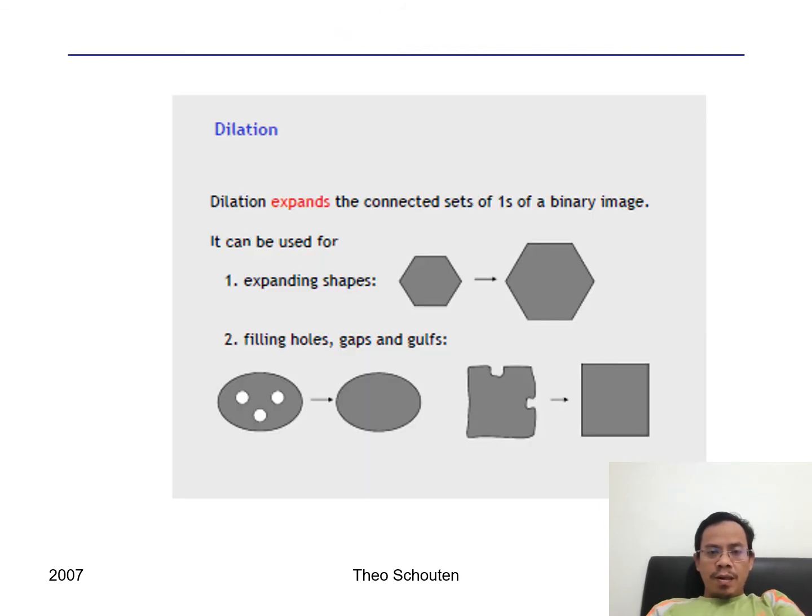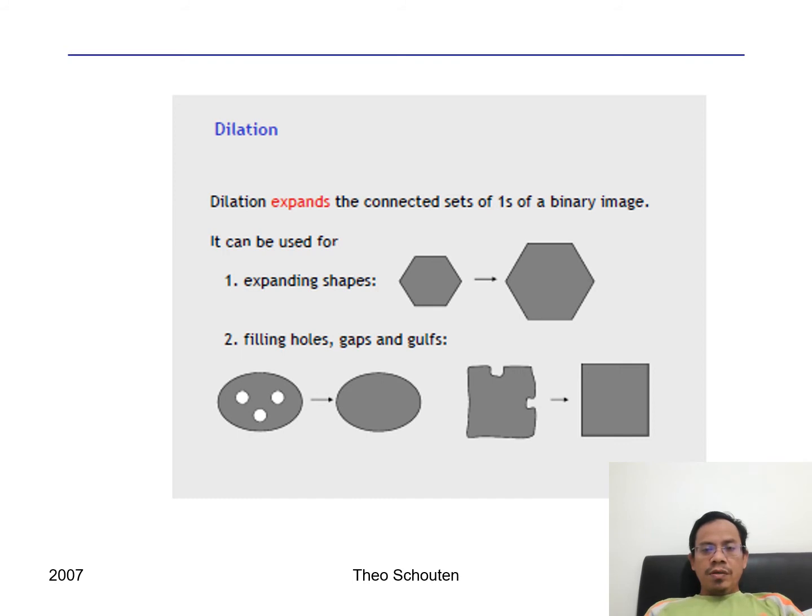Dilation expands the connected sets of ones of a binary image. Binary image, we have 0 and 1. So the function of dilation is expanding to make a bigger object. If we have this shape, when we perform dilation, you get this output.